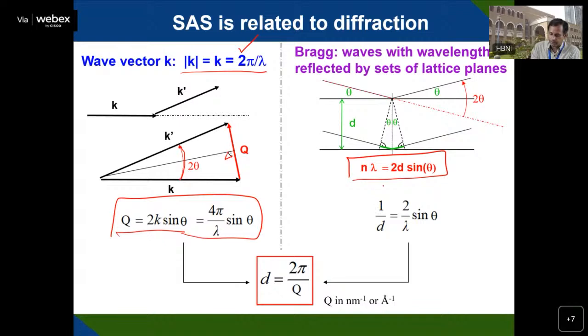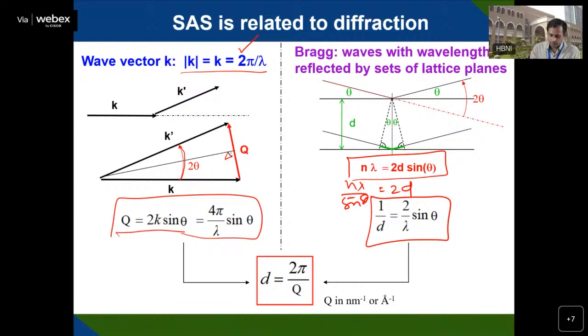So you can represent it as 1 by d. Writing d on one side, n lambda by sine theta equals 2d. Then you take the reciprocal, and in the final equation you get 1 by d equal to 2 sine theta by lambda.